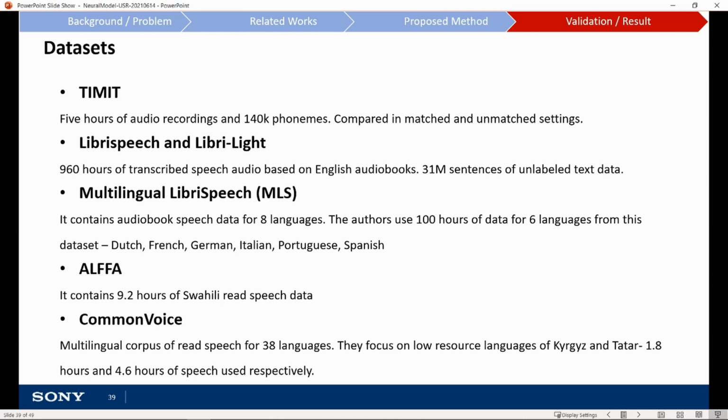I'm not exactly sure about the pronunciation, but I think Kyrgyz, Tatar, and Swahili as well. Swahili is from the MLS dataset, and they also conduct experiments on these European languages of Dutch, French, German, Italian, Portuguese, Spanish, and TIMIT and LibriSpeech are English datasets.